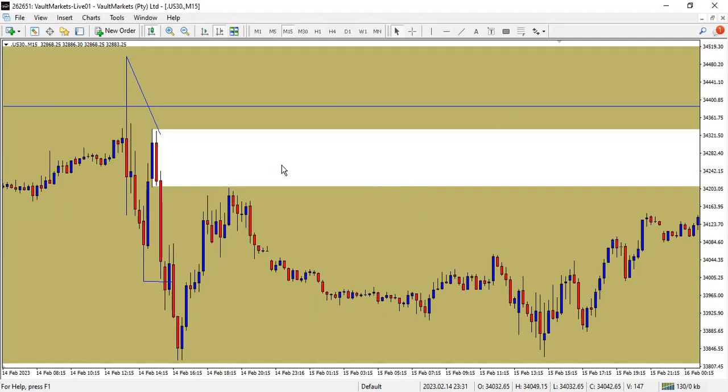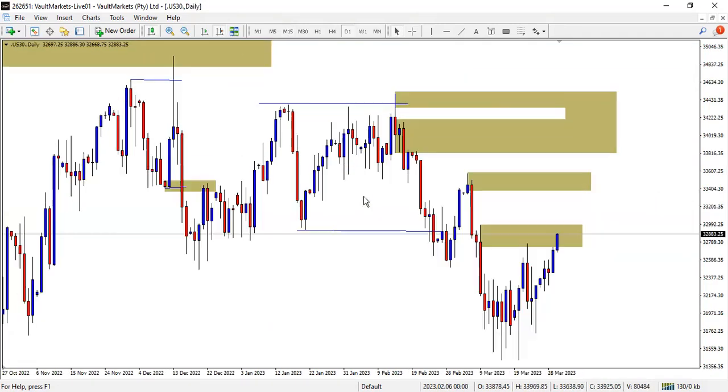Price must come and tap here. And then from here, what then happens? You need to go back to D1, right? So on D1, what do we have? We have a stop hunt now. This is the setup for an intraday. So now, when price taps here, we expect price to drop after that, right?